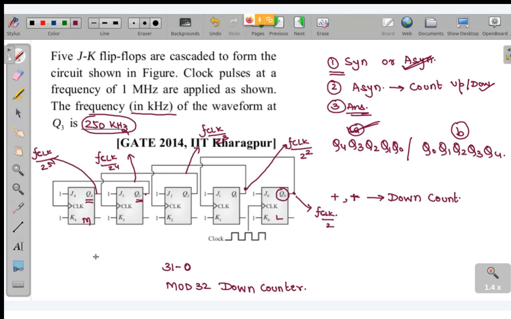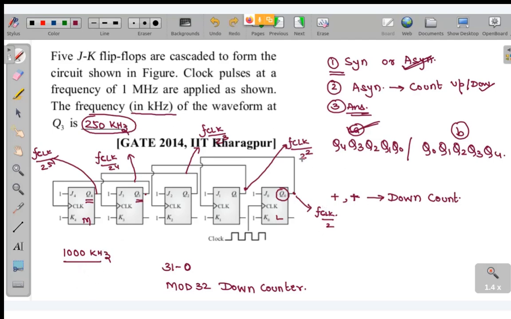Now f clock is given, it is 1 megahertz, and they are asking in kilohertz. So f clock is 1000 kilohertz divided by 2 to the power 4 over here. Sorry, I made some mistake. Oh no, it's okay.